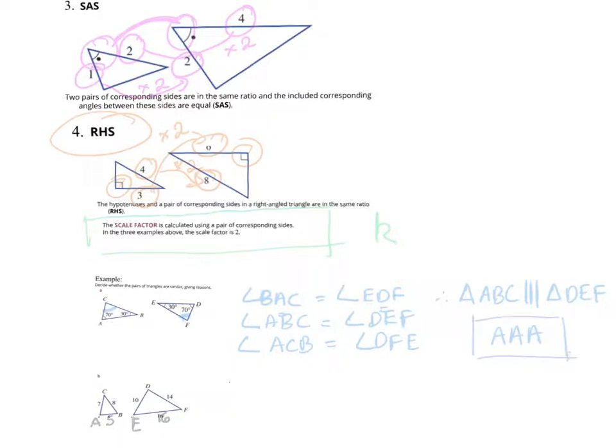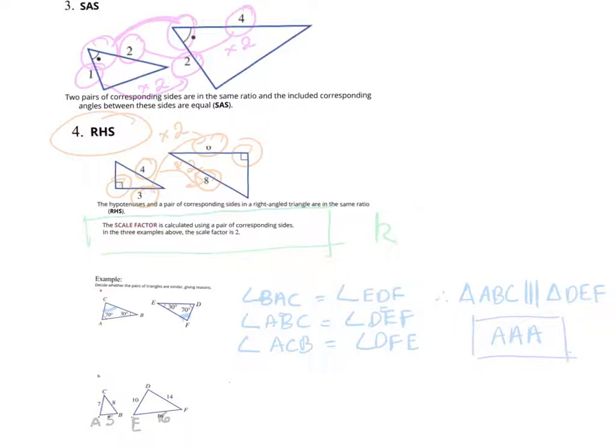With this second example, we can see that we don't have any of the angles, but we do have all of the sides. So what we need to decide is whether or not those sides are in ratio to each other. Now, sometimes the triangles aren't drawn exactly the right way. And for this one, what I need to do is just reverse that second triangle.